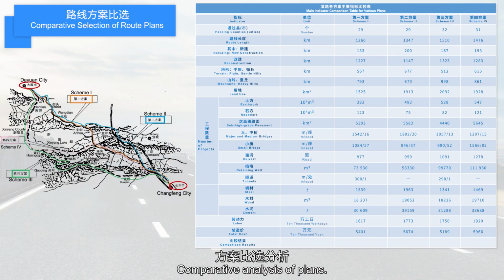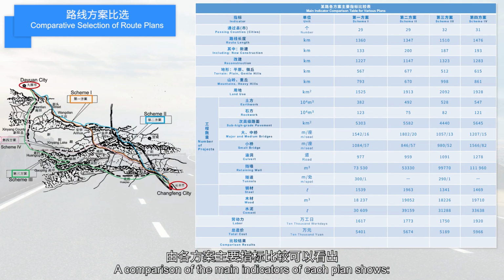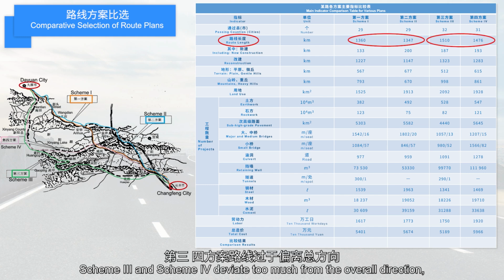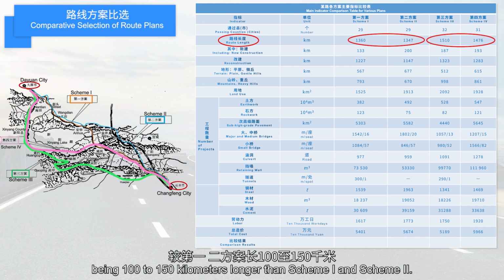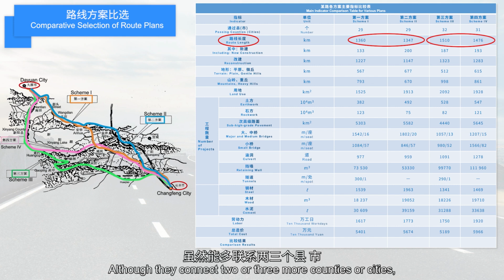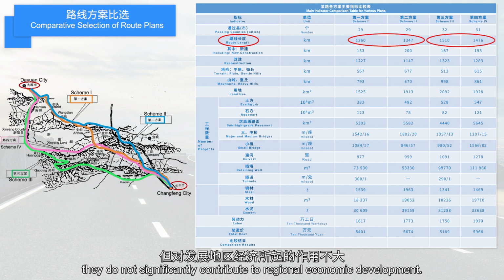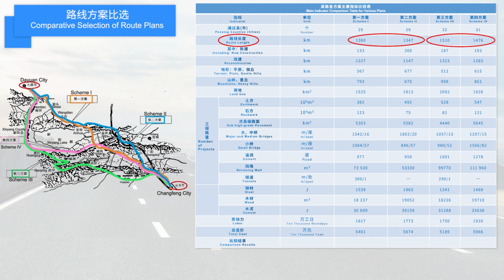Comparative analysis of plans. A comparison of the main indicators of each plan shows Scheme 3 and Scheme 4 deviate too much from the overall direction, being 100 to 150 kilometers longer than Scheme 1 and Scheme 2. Although they connect 2 or 3 more counties or cities, they do not significantly contribute to regional economic development.